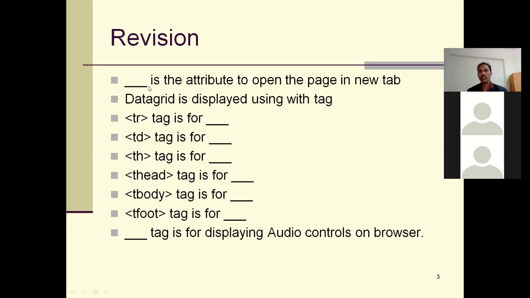This comes in the hyperlink anchor tag. The target attribute comes in the anchor tag, and the value of the target will help to open the page in a new tab. Good, Hasini, very good.